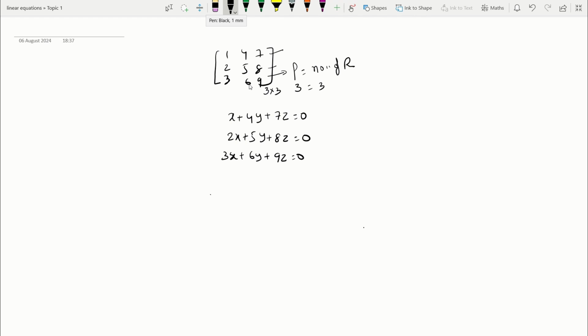If rank is equal to the order of the matrix, see here, what is the order? Order is nothing but number of rows by number of columns, right? 3 rows and 3 columns. So if rank is equal to 3, here the order of the matrix is also 3, 3 by 3. It will work only for a square matrix.